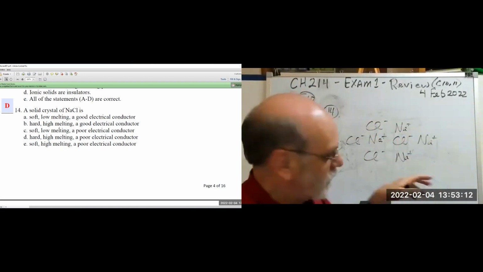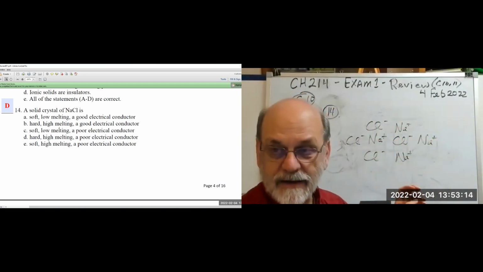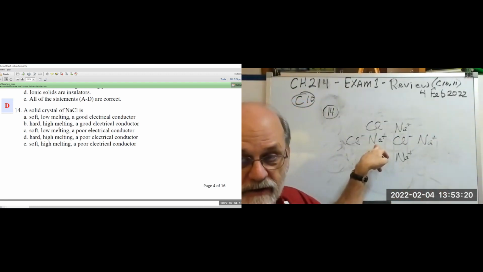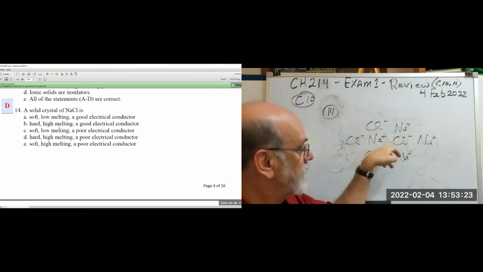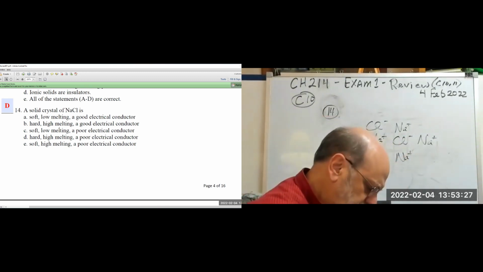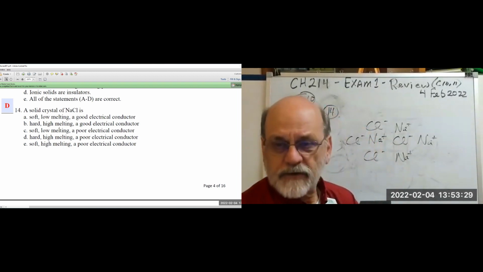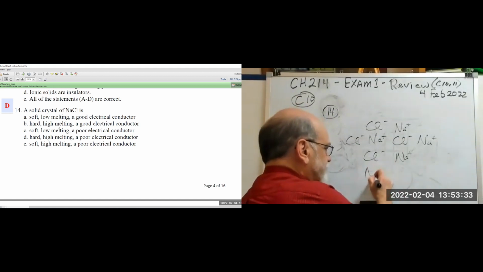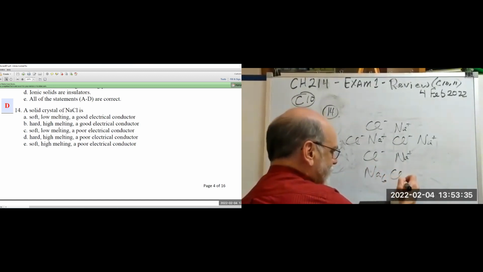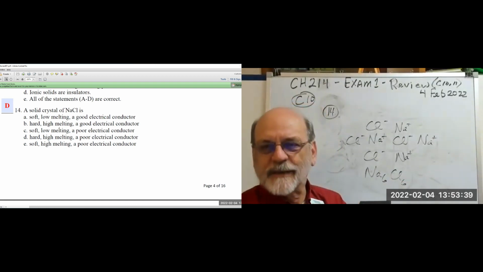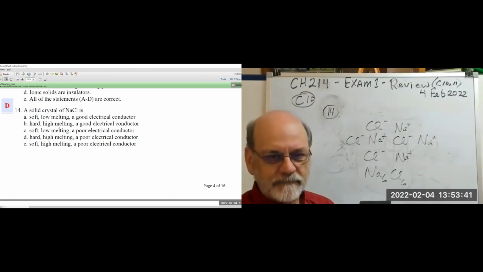Okay, so each one of these is surrounded by 6 neighbors. Right? Sodium plus is surrounded by 6 chloride, and chloride is surrounded by 6 sodiums. Okay, so the ratio is actually Na6Cl6, but the simplest ratio is NaCl.